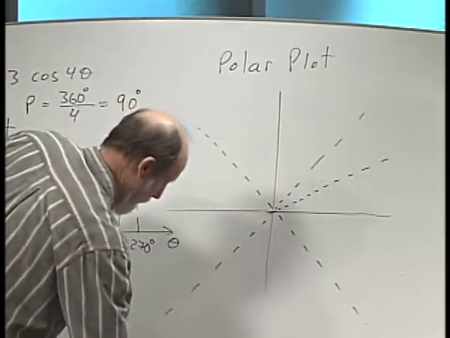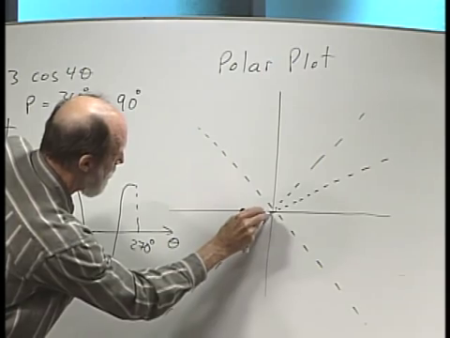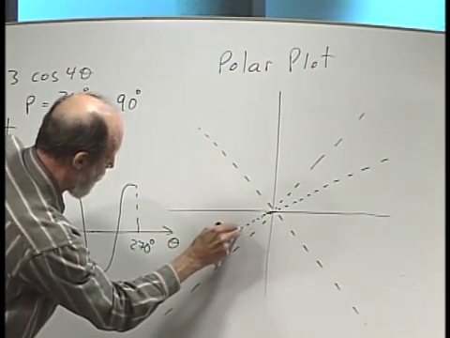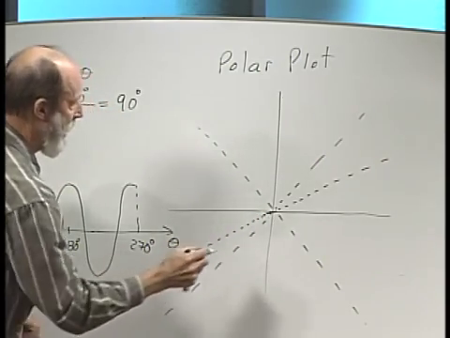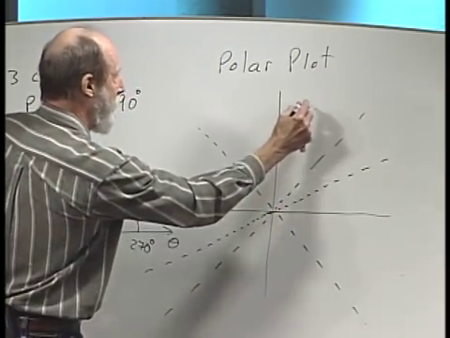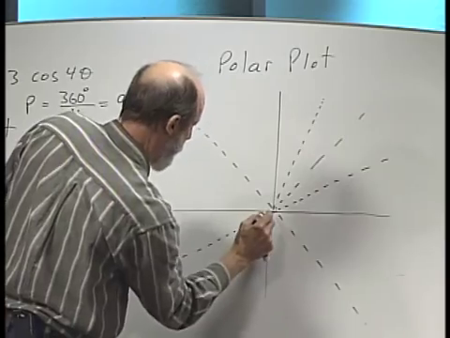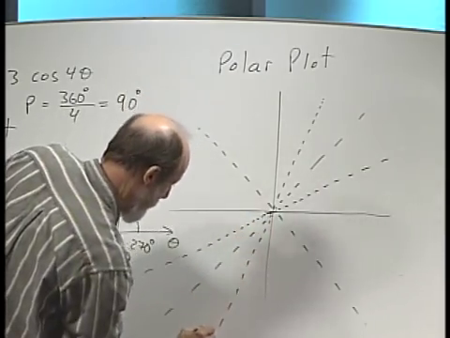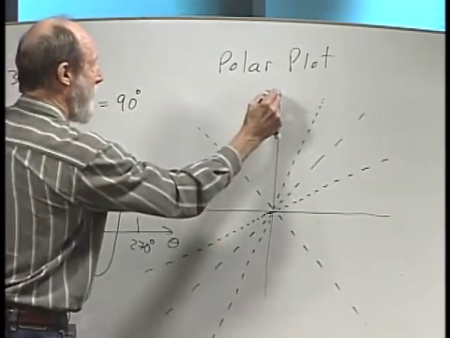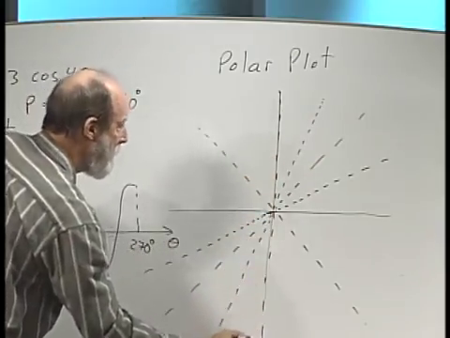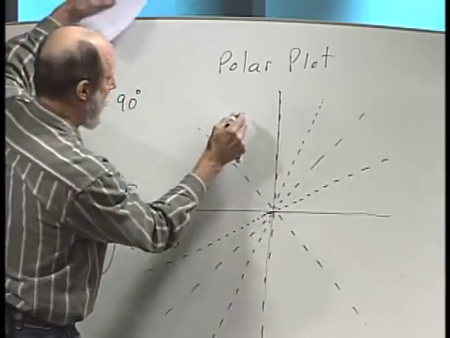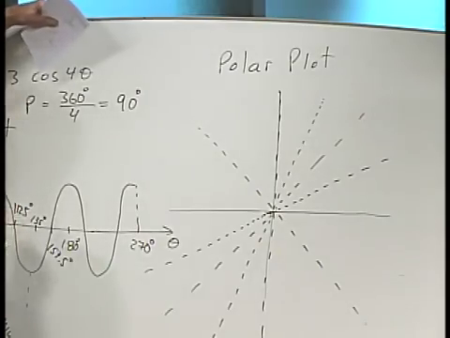Might as well try to make it decent here. I split this up. That looks pretty good. And then when I get to, what, 67.5, coming down through there, like this, 90 degrees there. And then beyond 90, whatever that was, 112.5.